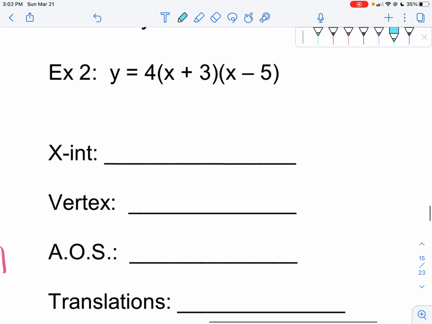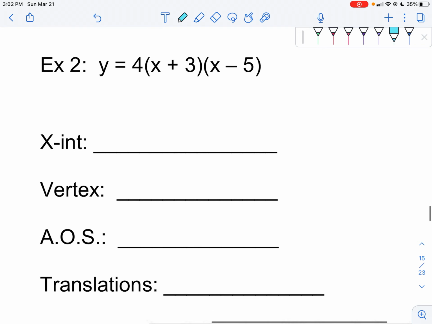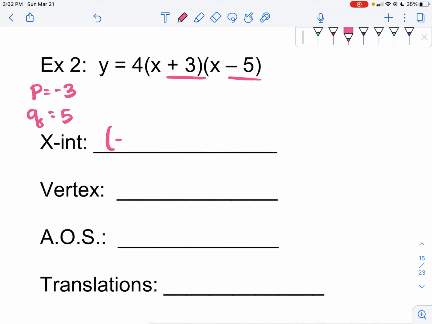Okay, on our next example, we're going to do the same thing. Let's start with figuring out what our p and our q is. So looking inside the parentheses, our p, we take the opposite sign, so negative 3, and q would be positive 5, which means our x-intercepts are (-3, 0) and (5, 0).